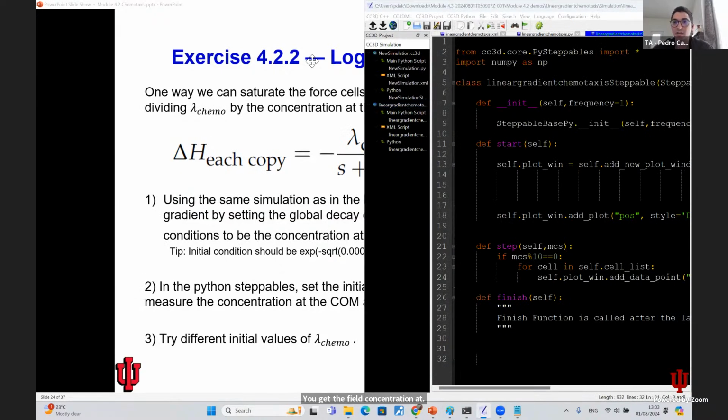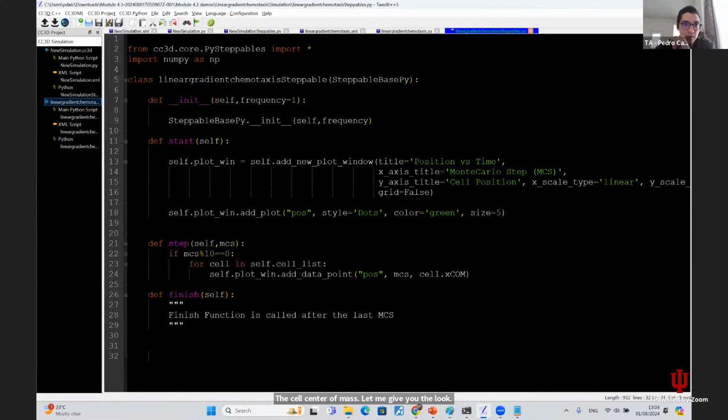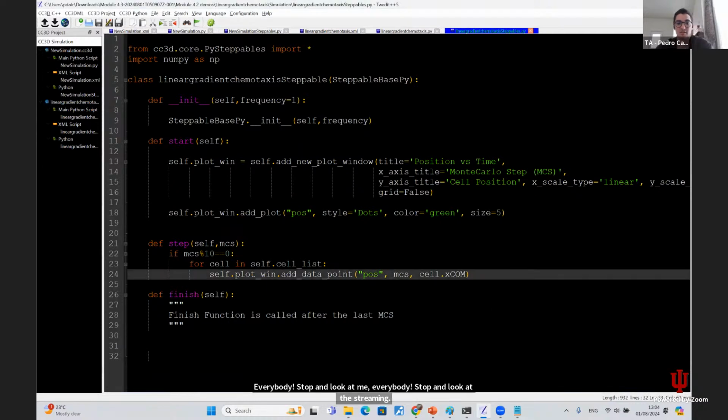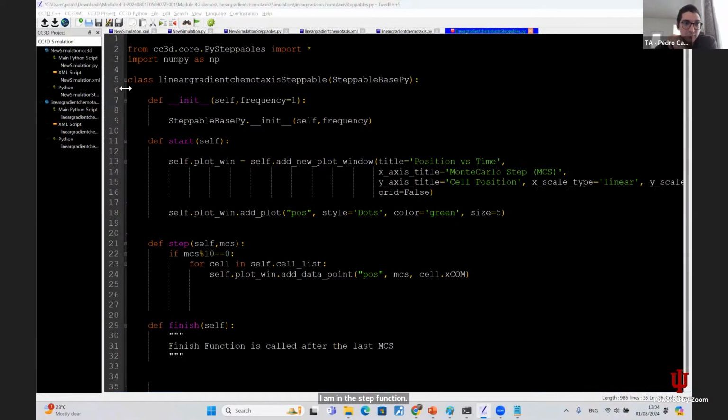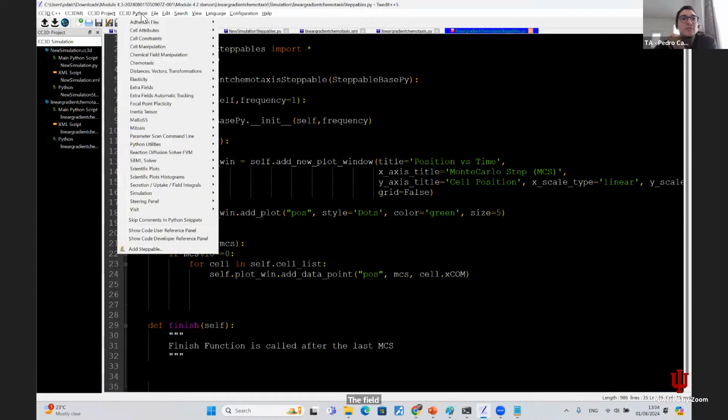Let me give you the look. Oh, everybody stop and look at me. Everybody stop and look at the streaming. Okay, everybody. I am in the step function. What am I going to do to get the field concentration at the cell center of mass? CC3D Python.